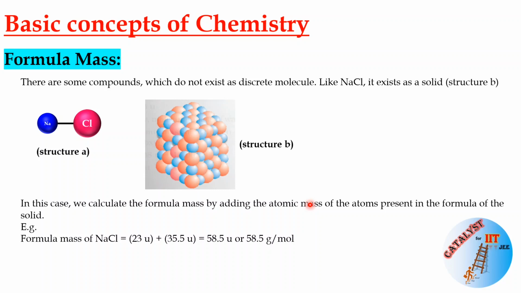Now the concept of formula mass comes in, and there are some compounds that do not exist as discrete molecules, like NaCl. If NaCl were discrete, it should be described as structure A, but in real cases NaCl exists as a solid, and it exists like this, which is structure B. In this case we do not know exactly what the lattice size is, what the solid extension is.